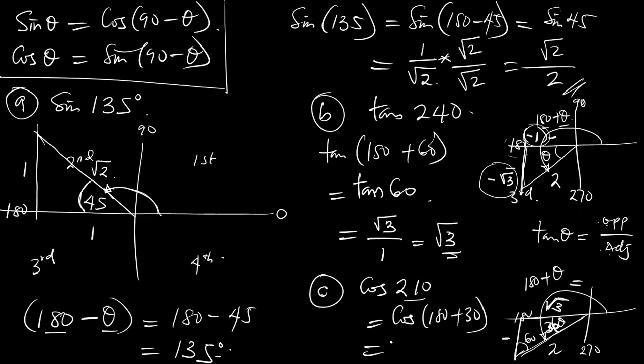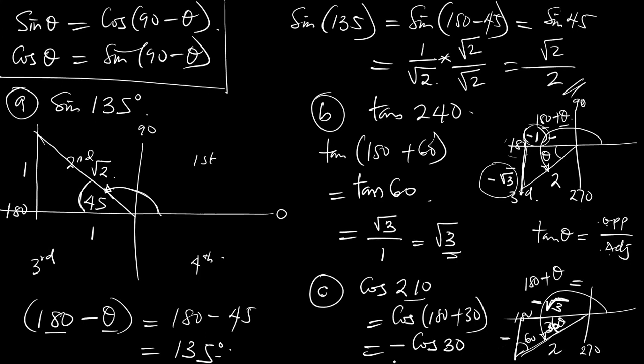So now here is minus, here is minus, here is 1. Since here is minus root 3 and you have 2 here, that means cos is negative in this place. So you have minus cos 30 and minus cos 30.